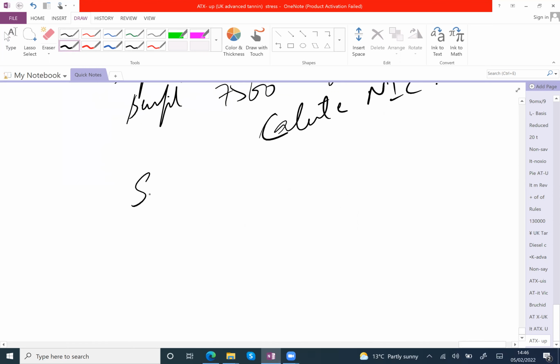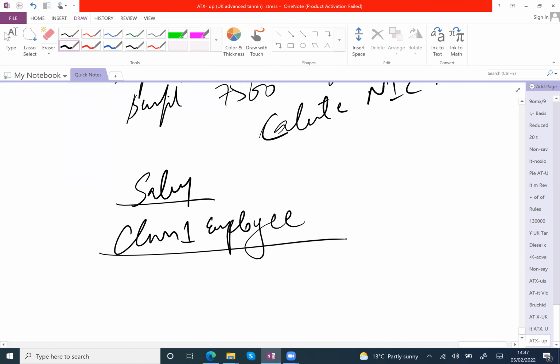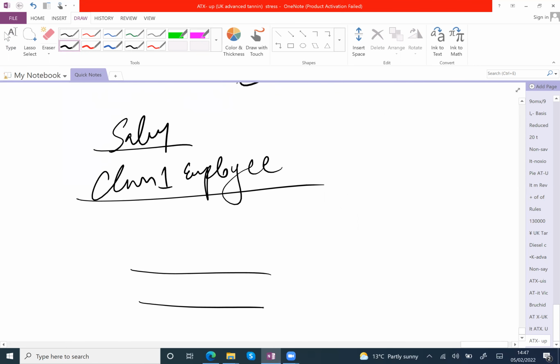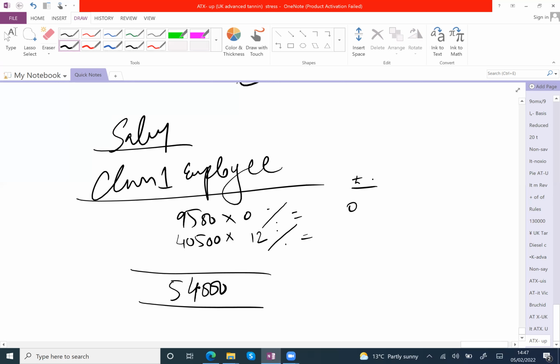Firstly, on salary, class 1 employee and employer both will pay. So firstly, class 1 employee: total salary 54,000, out of which 9,500 at the rate of 0% is equal to 0. In the next band, the difference is 40,500 at the rate of 12% is equal to 4,860. And what is the remaining balance which falls in the higher band?